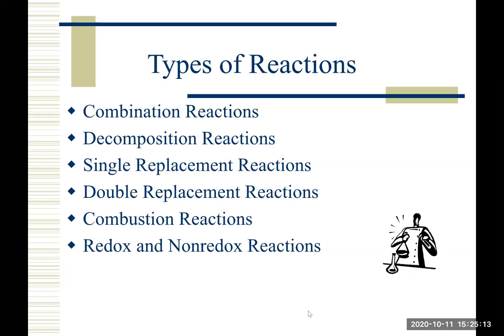Combustion reactions, where you have a fuel and oxygen reacting to form CO2 and water, and also a redox reaction in which one species loses electrons while another species gains electrons.